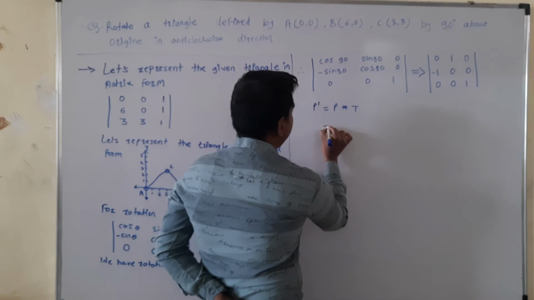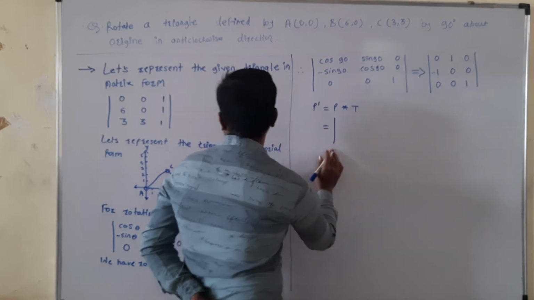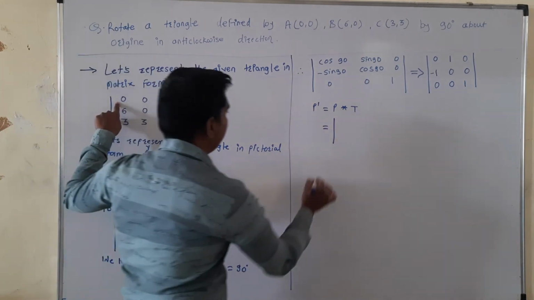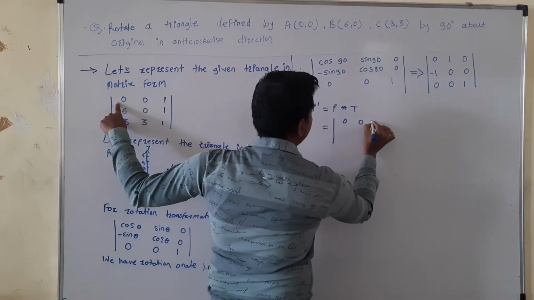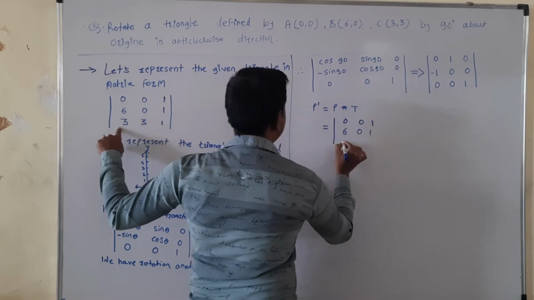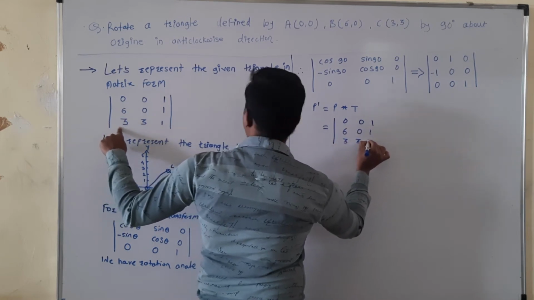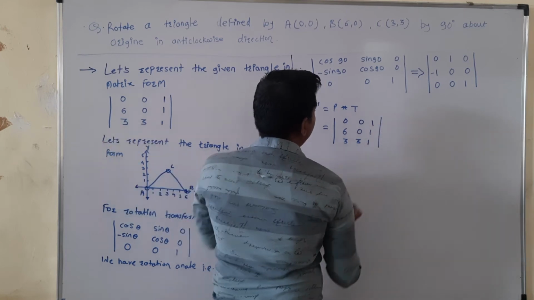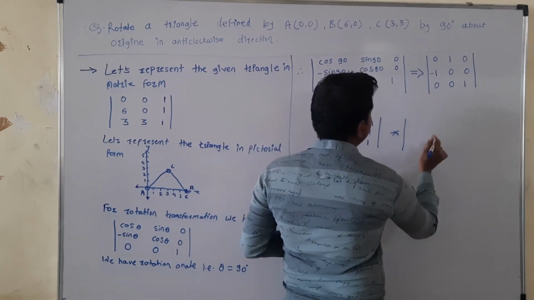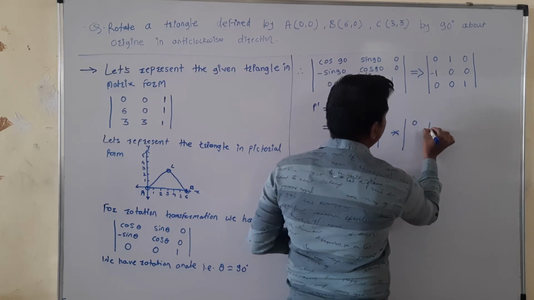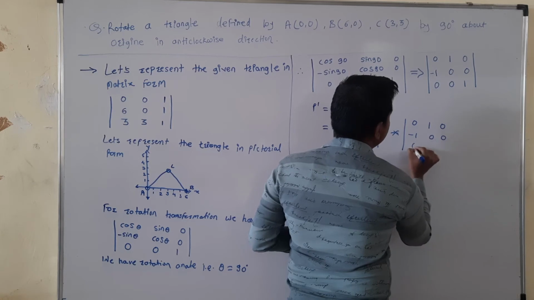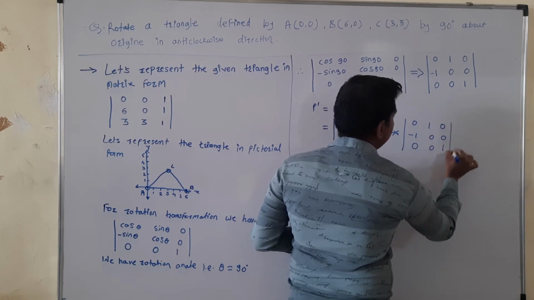So P dash equal to P. What is P? P is nothing but the original object, that is 0, 0, 1, 6, 0, 1, 3, 3, 1, into our T. T is the rotation matrix, that is 0, 1, 0, minus 1, 0, 0, 0, 0, 1.